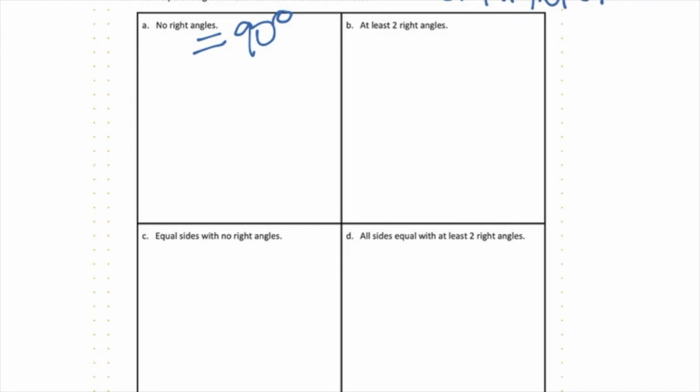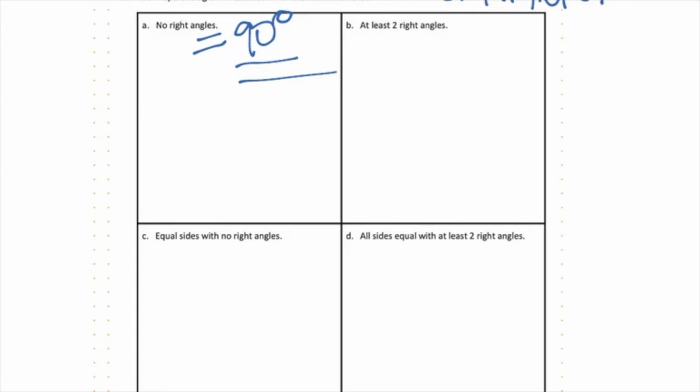Make sure you click the button on the bottom of the screen that says angles and find the numbers. And if it says no right angles, just make sure none of them say 90 degrees. Or for part B, it says at least 2 right angles. So at least 2 of them will have 90-degree angles.